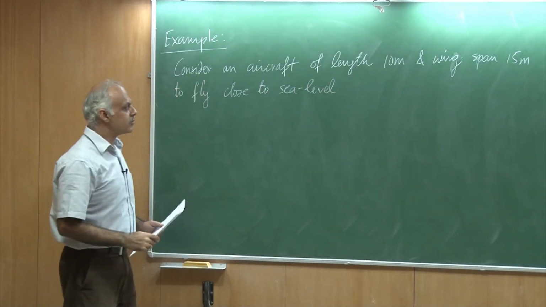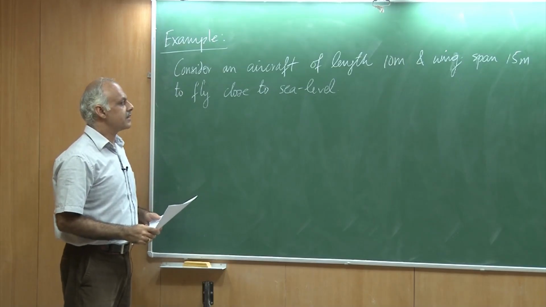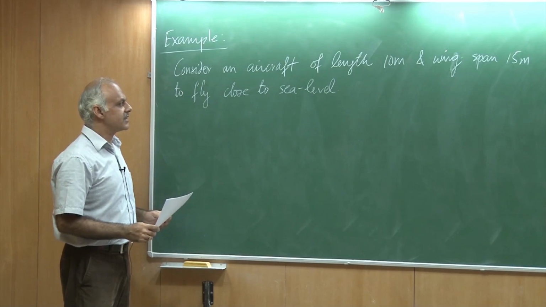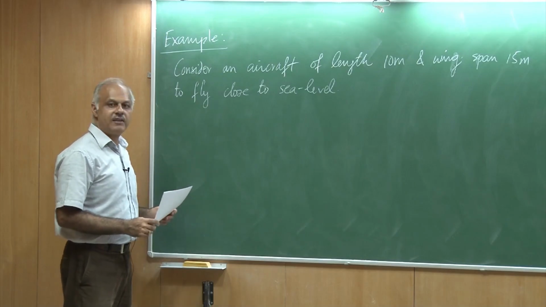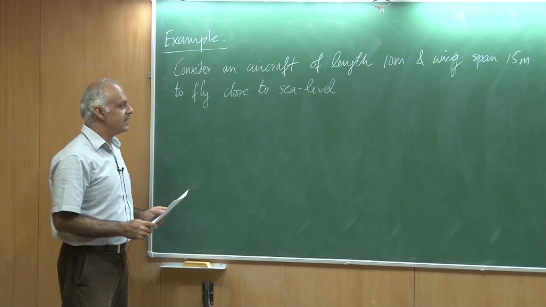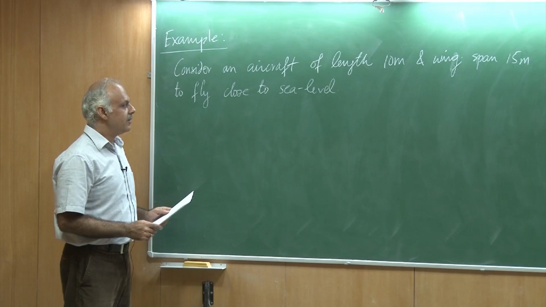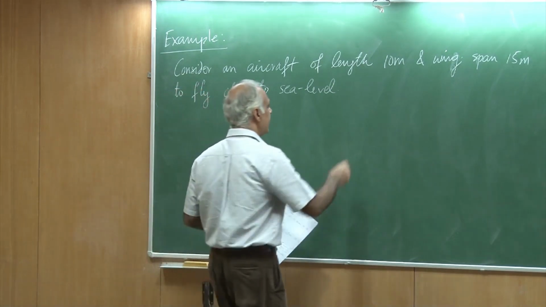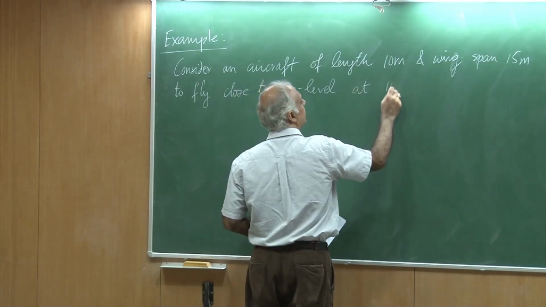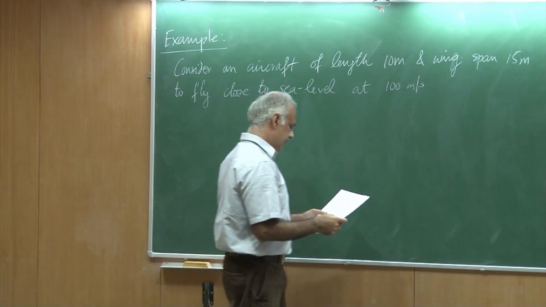Actually, the aircraft would usually fly at 30,000 feet or higher, but if it is a piston propeller aircraft, it may fly at something like 5,000 feet if it is not pressurized, and if the cabin is pressurized, it can go to a higher altitude. But to simplify things, I will keep it at sea level, and let us say at 100 meter per second. So, it is still quite fast.